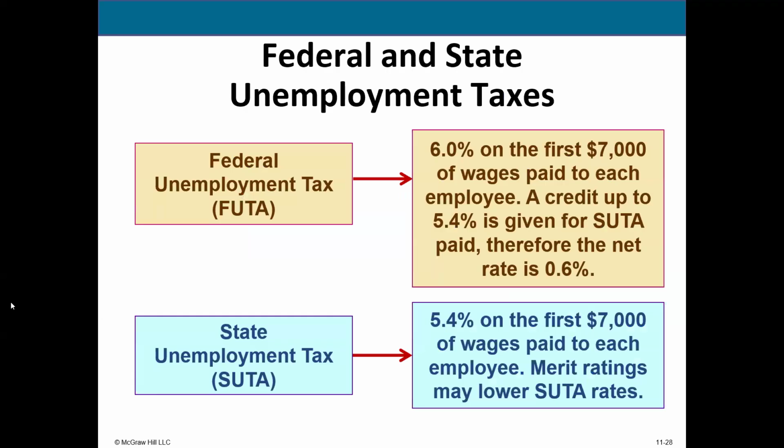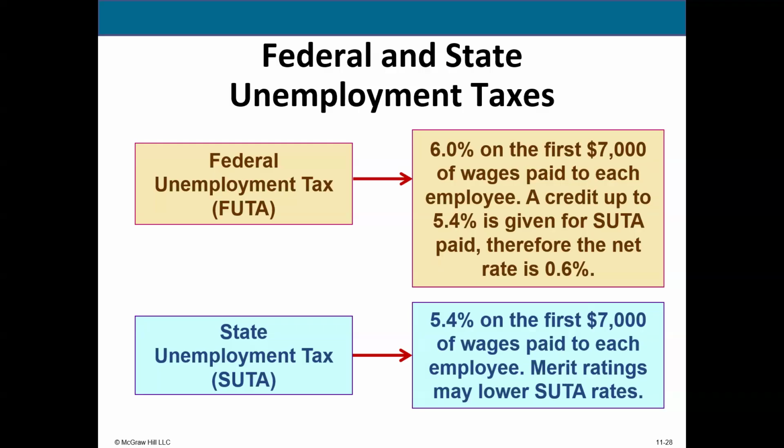So your employer contributes for federal unemployment tax 6% of the first $7,000 of your wages, and then it goes down to 5.4% thereafter. That's federal unemployment tax. The other one is the state unemployment tax, and that's at 5.4% for the first 7,000.